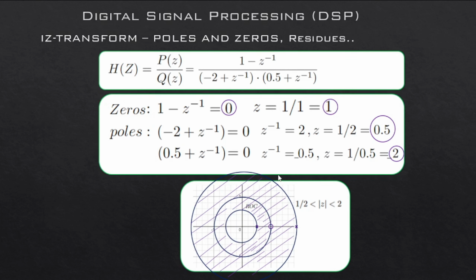For the third case, you have a double-sided system. What do we mean by double-sided? This is when the system is not causal, neither anti-causal, and the convergence is between the two poles. That's the ring formed by the boundaries of the innermost pole and the outermost pole.